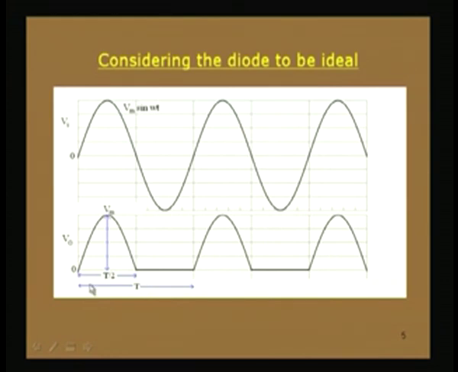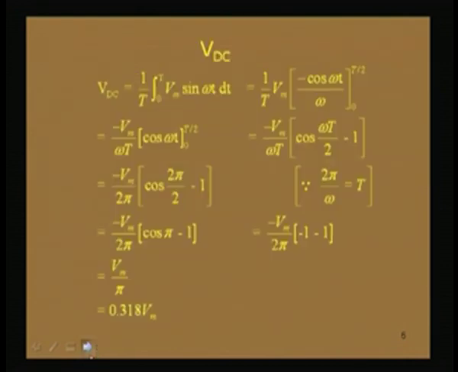That means we are getting a pulsating DC, with one half cycle off. So, let us do the analysis for finding out the output voltage, or average DC voltage. By V DC I mean the output voltage, which is the average DC voltage.